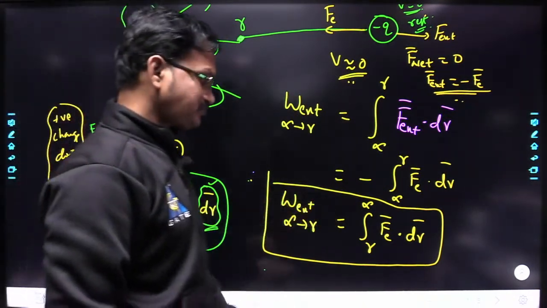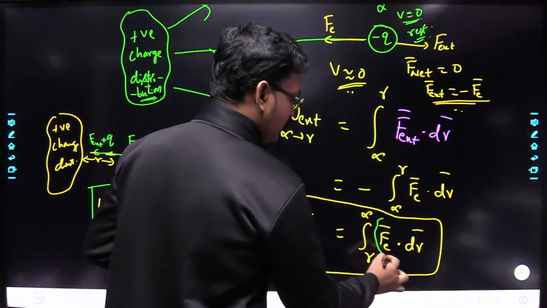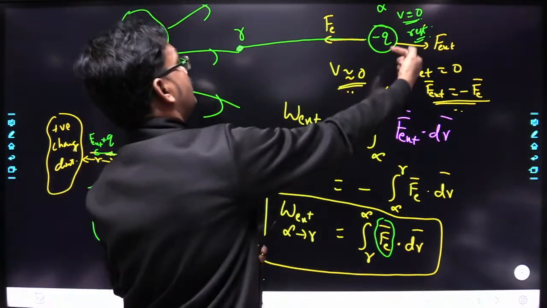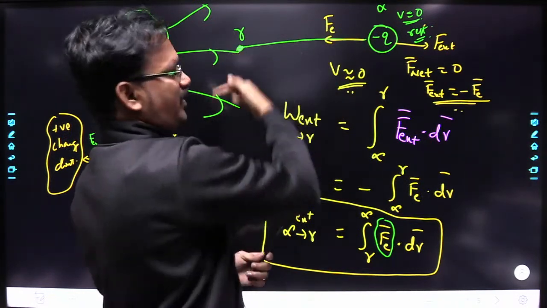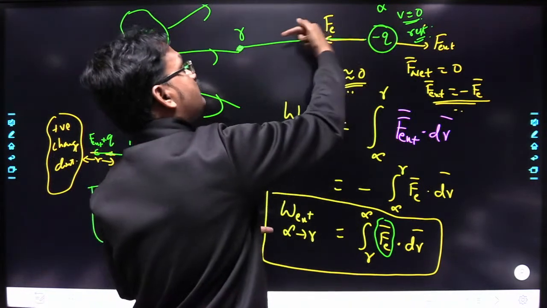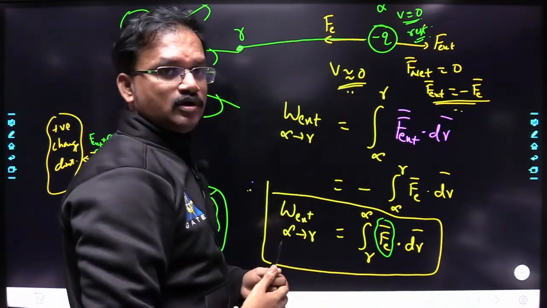Whereas here in this case the electric force is pointing in which direction? The electric force is pointing from infinity to what? From infinity to r. It is pointing in this direction. Yes or no? Because both are of what? Opposite polarity. The electrical force is pointing towards what? Towards the charge distribution. Understood?